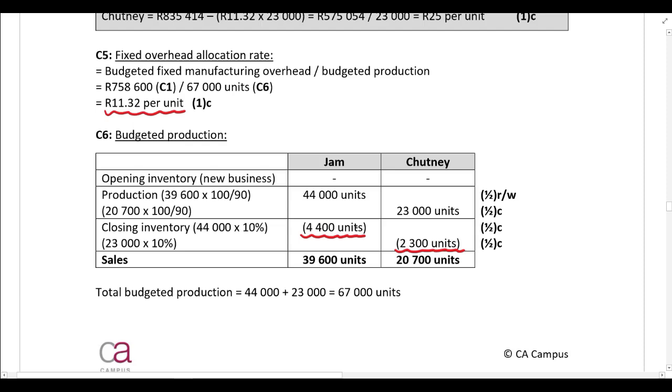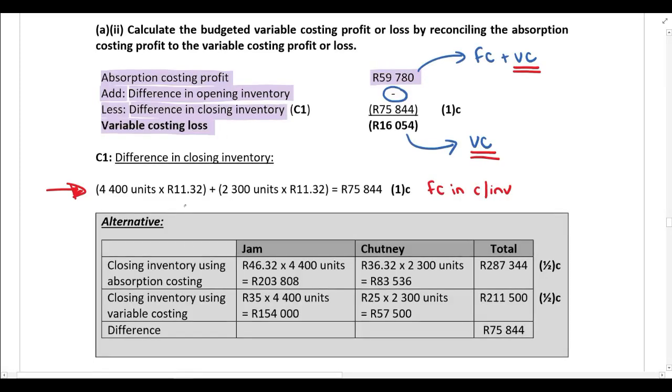So we can calculate the fixed costs in closing inventory. For jam, it's 4,400 units multiplied by 11 Rand 32. And for chutney, 2,300 units multiplied by 11 Rand 32. Those are the fixed costs sitting in closing inventory, and that's the difference between absorption costing and variable costing. So you deduct the difference in closing inventory, and that gives you a variable costing loss.